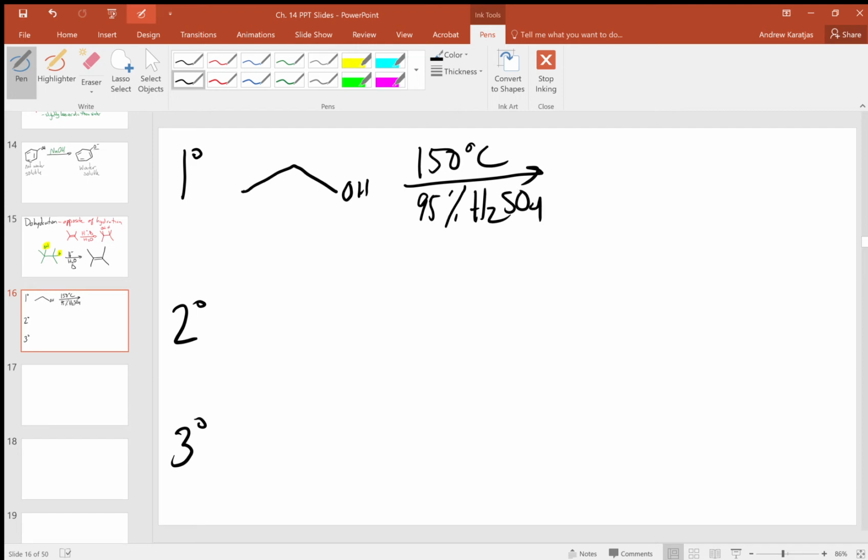See here, almost pure 95% sulfuric acid. And we get our dehydration to take place. Again, this dehydration is removing an OH group and it's removing a hydrogen on the neighboring carbon. And as we'll show in a minute, having a hydrogen on that neighboring carbon is a requirement for this reaction to work.